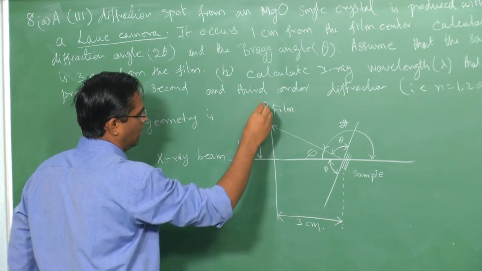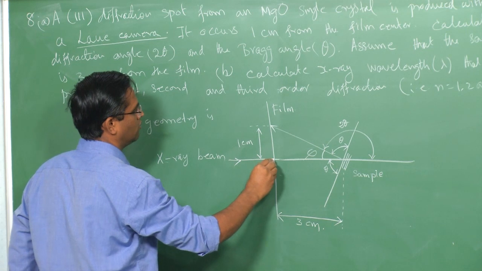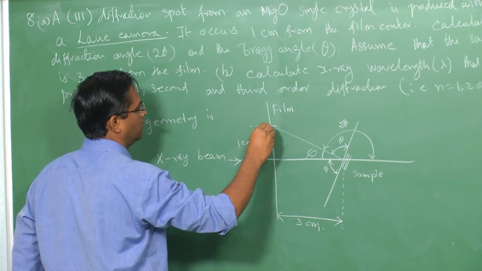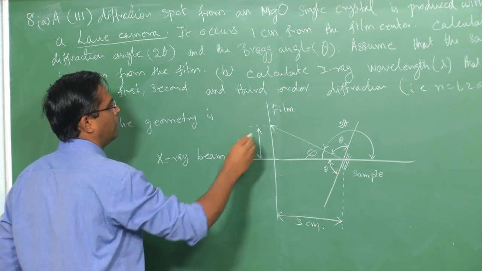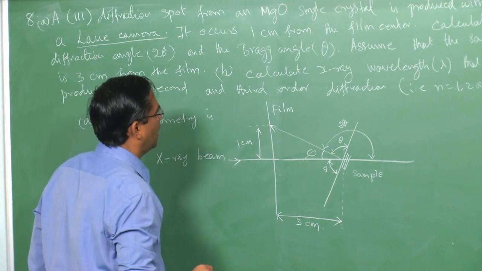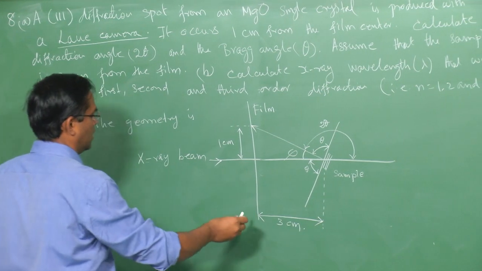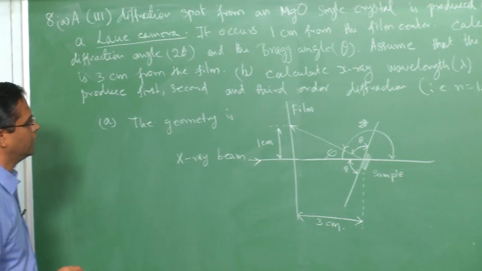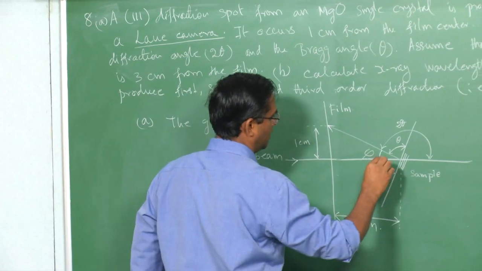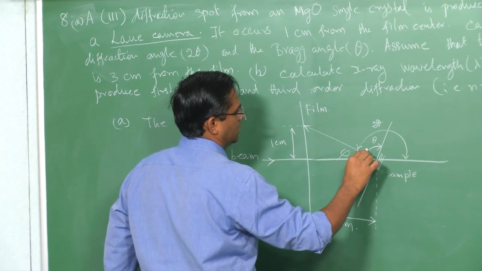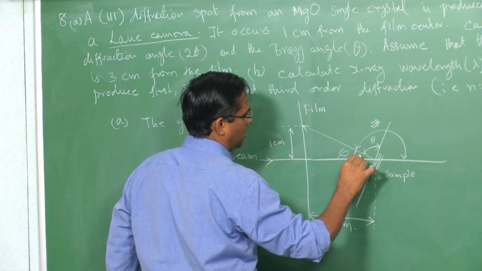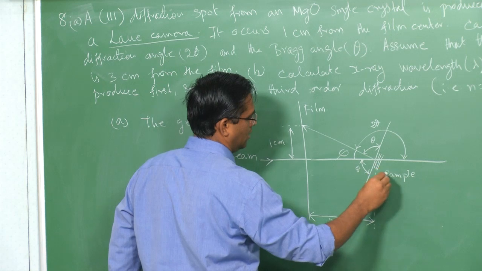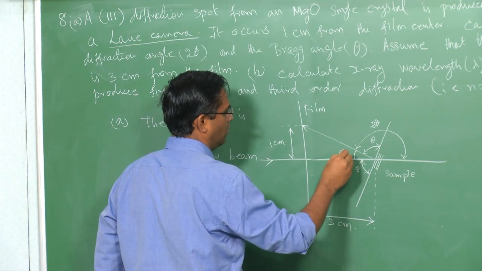That means this is a film, this is the center, and it occurs 1 centimeter from the film center, that is the 1 centimeter diffracted spot. And then the sample is 3 centimeter away from the film. This is also given, and then you can see that this is theta and this is theta and this is 2 theta and this is an angle phi.